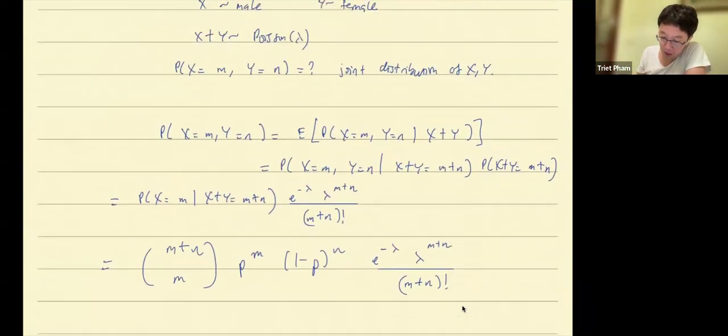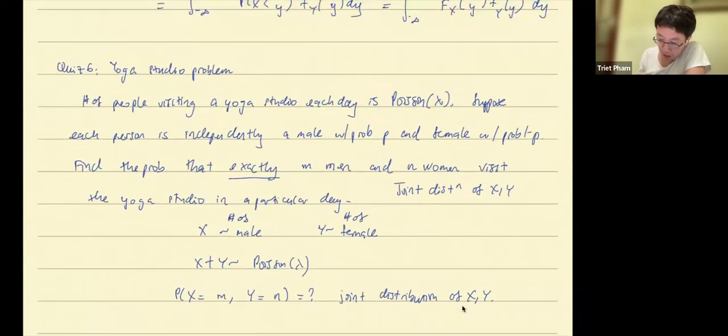You just know that the gender can independently be male or female for each person, but somehow that translates to the numbers visiting being independent of each other.